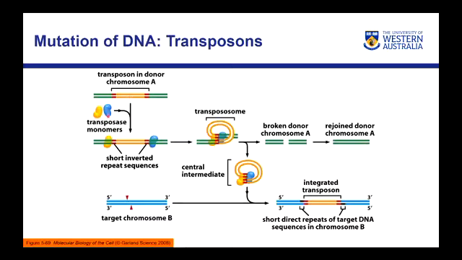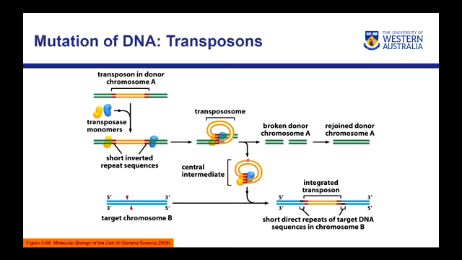So what happens is the transposase monomers attach just outside of these short inverted repeat sequences. Remember, these sequences are signals of where the transposase should bind. Once it's bound, it forms what we call a transpososome. It loops in on itself, and it is excised.